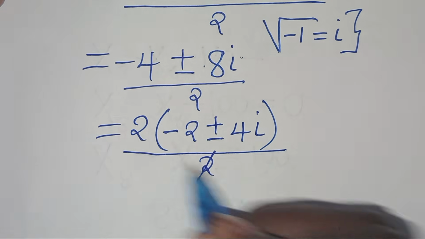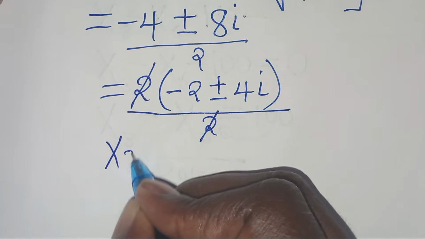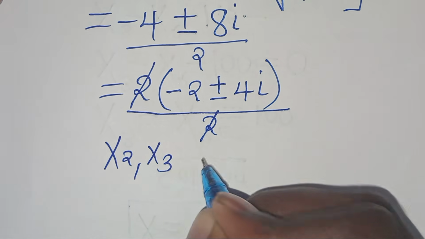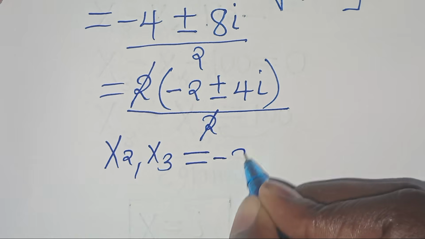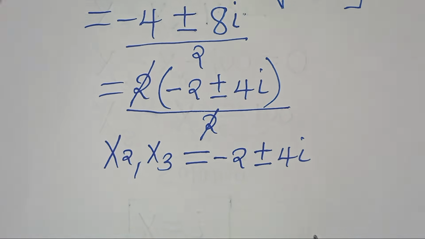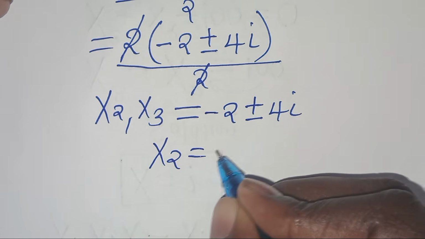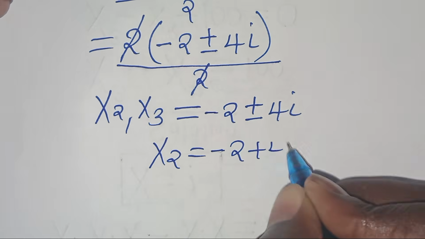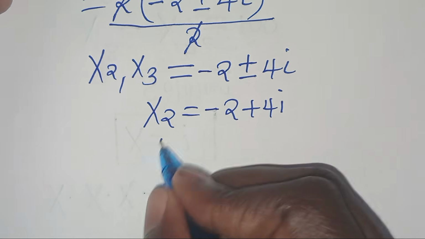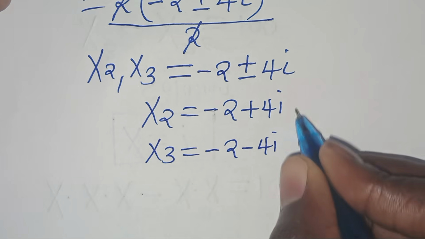So we can simplify 2 and 2 here so that we have x2, x3, this is equal to negative 2 plus or minus 4i. So this implies that x2 is equal to negative 2 plus 4i, and x3 is equal to negative 2 subtract 4i.